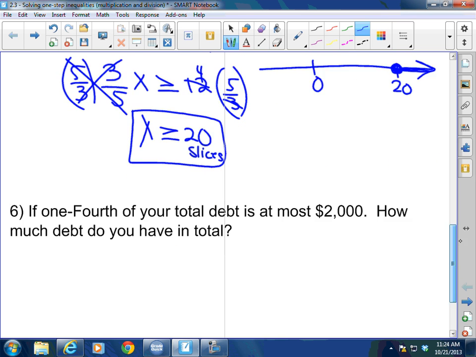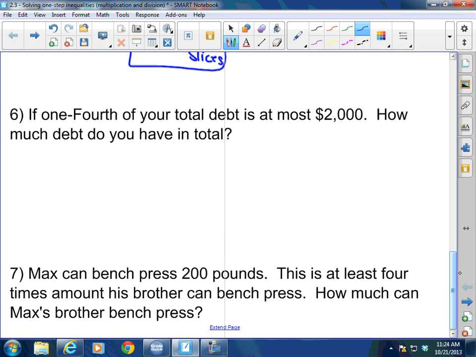Okay, now, number 6. If 1/4 of your total debt is at most $2,000, how much debt do you have in total? Come on, guys, let's try this. If 1/4 of, what does of mean again?